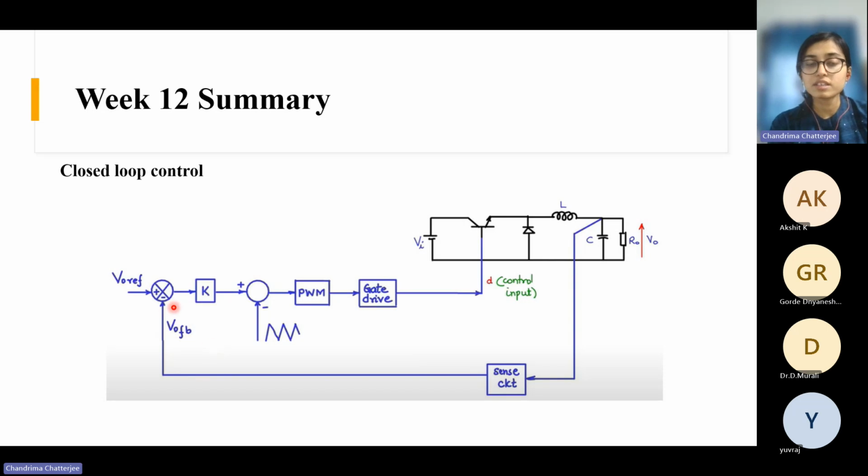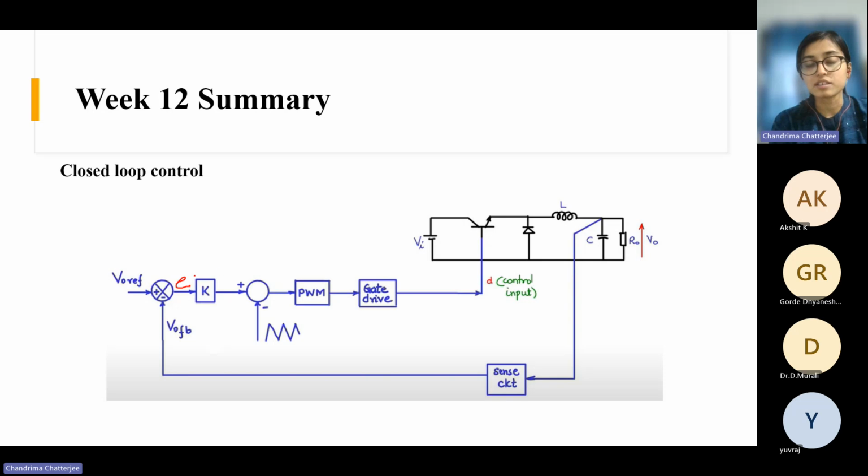So if you are giving the feedback here, you get some error. This plus and this minus, after subtracting the actual signal, you get some error here. What is your objective? Your objective is to minimize this error, or the best case will be if you can make this error completely zero, right?